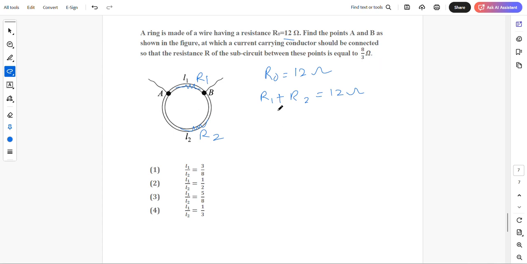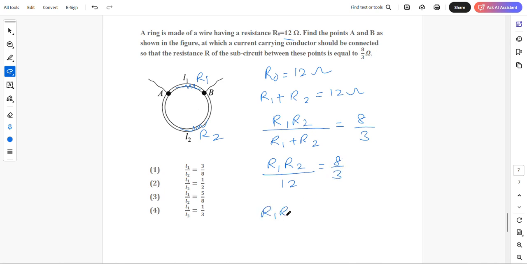That is nothing but R1 R2 divided by R1 plus R2, which they have given as 8 by 3. Now this is series combination and this is parallel combination. R1 plus R2 is 12, so R1 R2 divided by 12 is equal to 8 by 3.